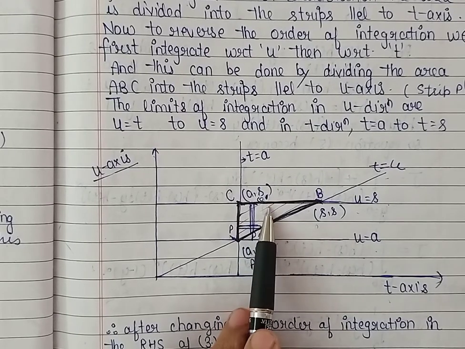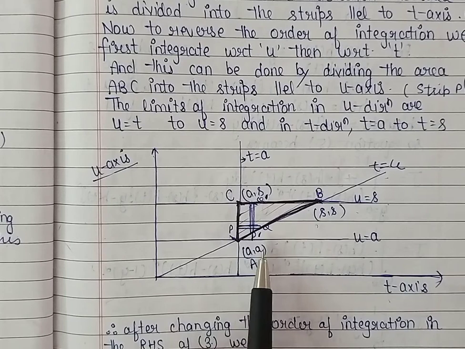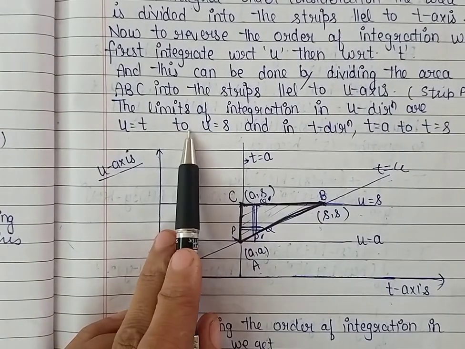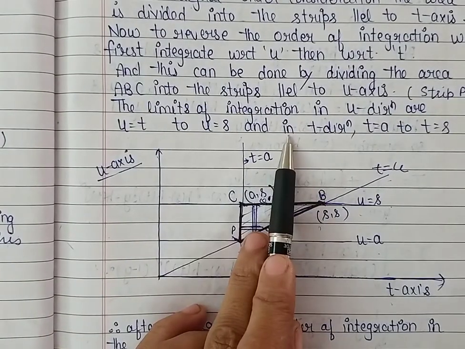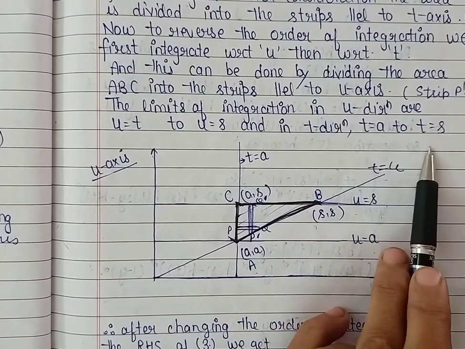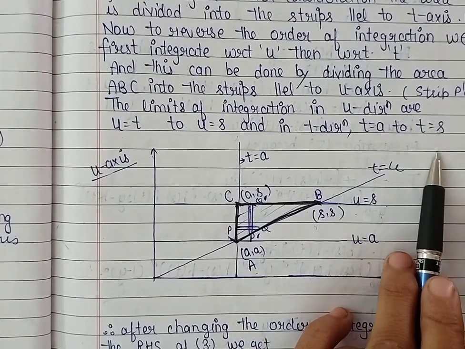So after changing the order of integration, the limits of integration in the u direction are u is equal to t to u is equal to s, and in the t direction, the limits of integration will become t is equal to a to t is equal to s.